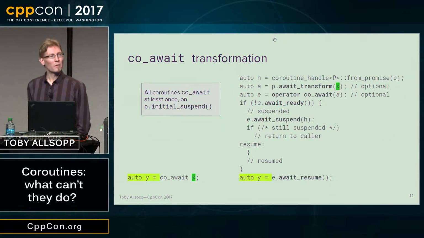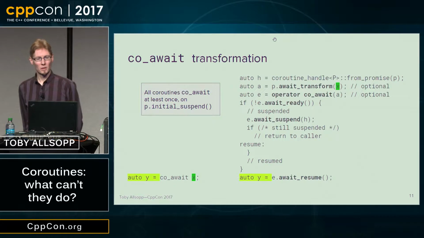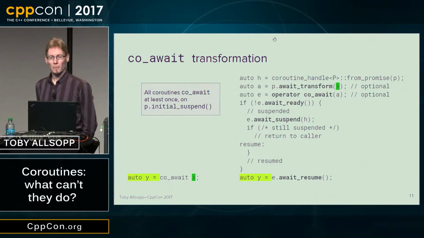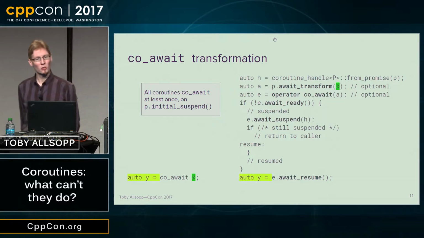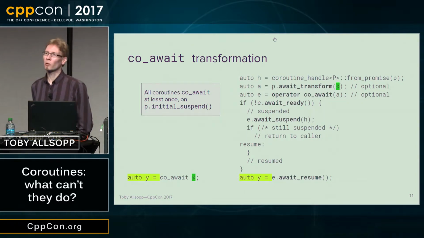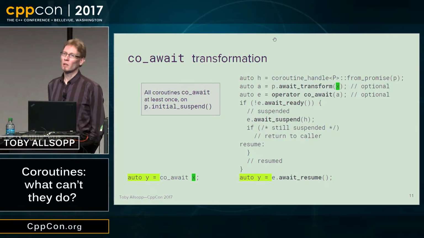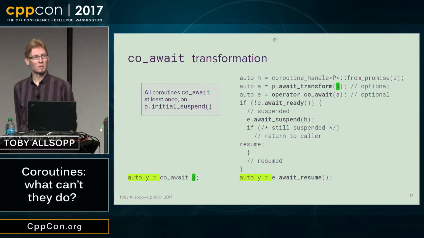On the right there is what the compiler does for you. This H is a coroutine handle, so I'll say more about coroutine handle soon. But that's what allows the promise and cooperating classes to control the coroutine.